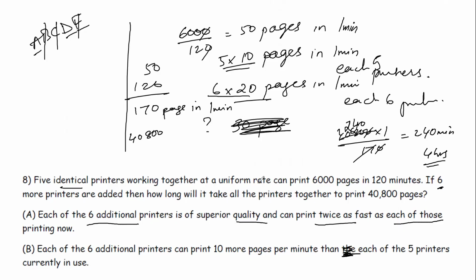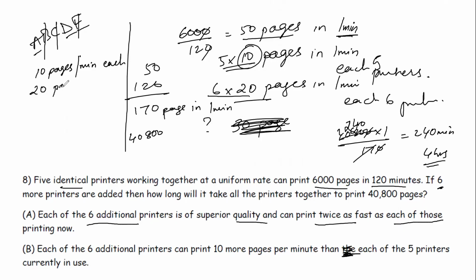Right. Okay. So let's solve this. So first of all, we found out from this information that 50 pages are done in a minute, and therefore it is 10 pages in 1 minute for each of the 5 printers. Okay. So 10 pages per minute each printer. Each of the 6 additional printers can print 10 more pages per minute than each of the 5 printers currently in use.